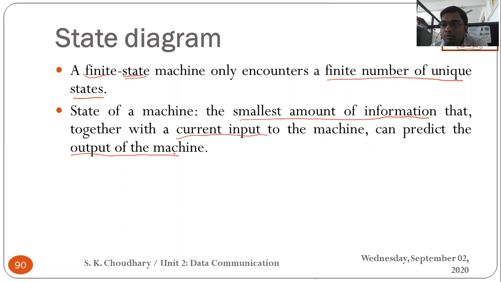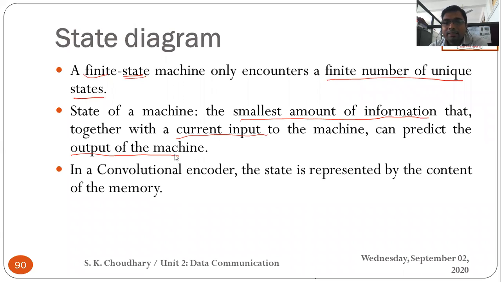The smallest amount of information along with the current input of the machine would be able to predict the next upcoming output of the machine. So this is actually how the finite state machine works.